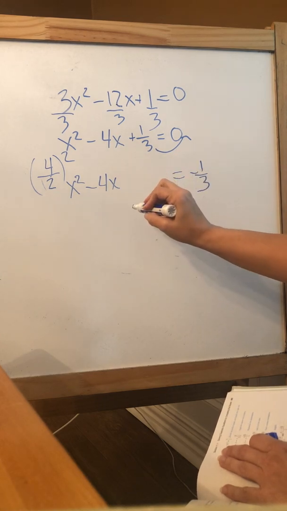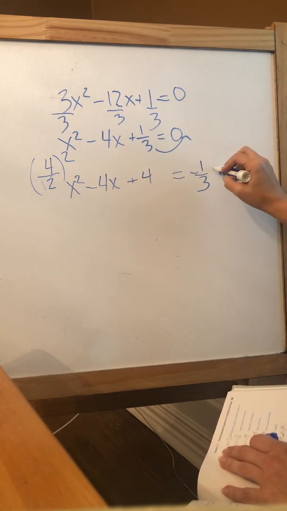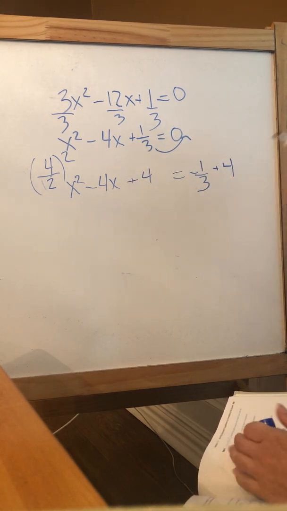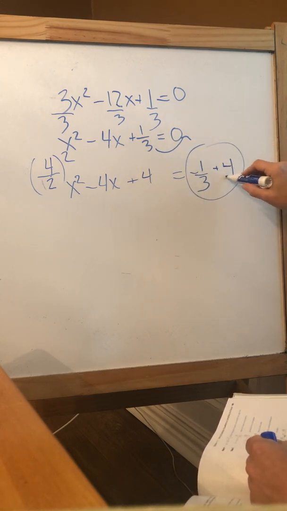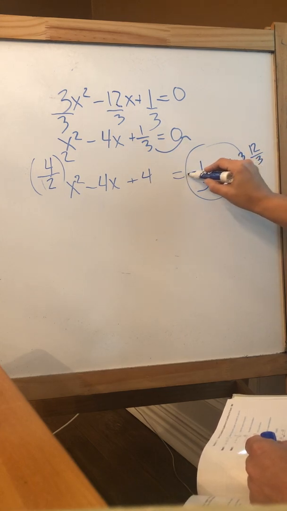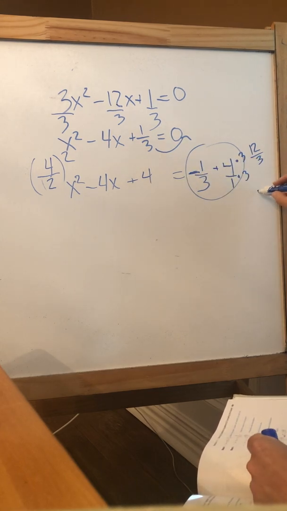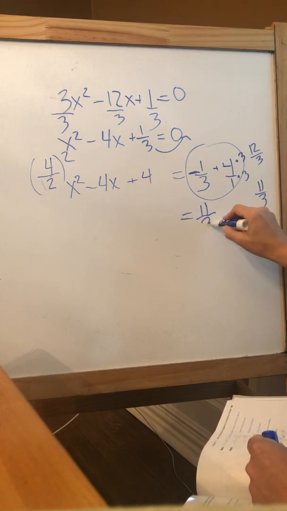And now we're going to add 4. Okay, so now we're adding 4. And when we solved this, we changed this and multiplied everything by 3. And we changed this to 12 over 3. And then we combined these two, so we had 11 over 3. All right, so 11 over 3.